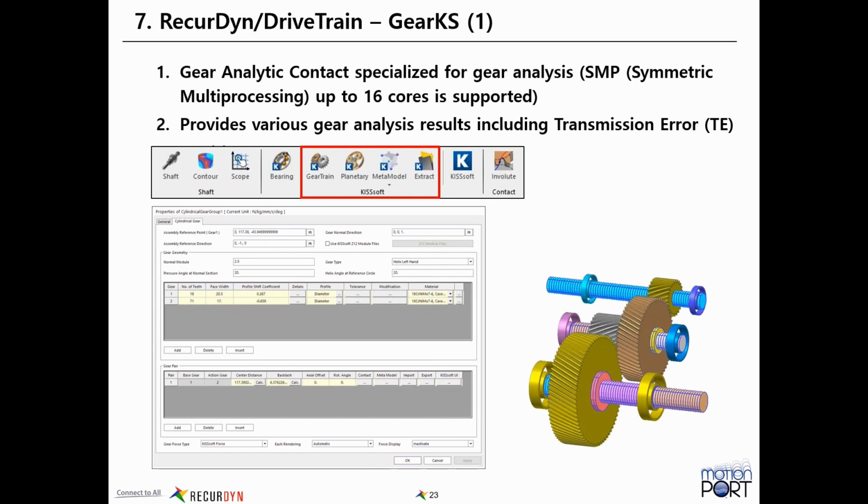With this type of analysis, SMP, or symmetric multiprocessing, is available. And in RecurDyn, you can use up to 16 cores to speed up the simulation. This also provides various gear analysis results, including transmission error.